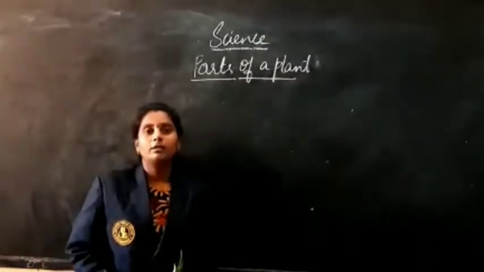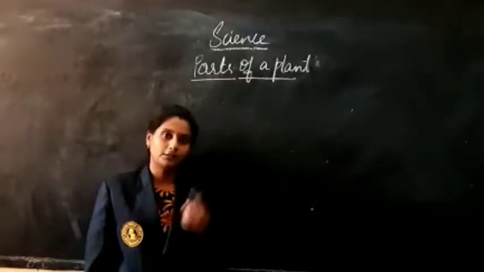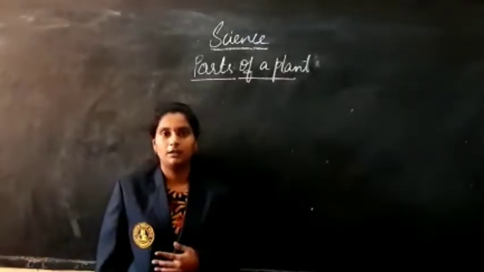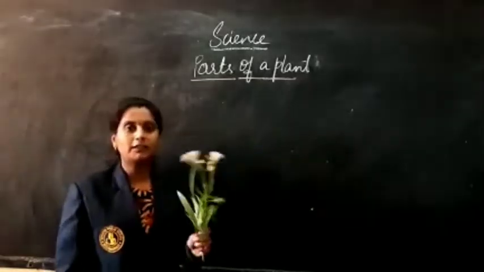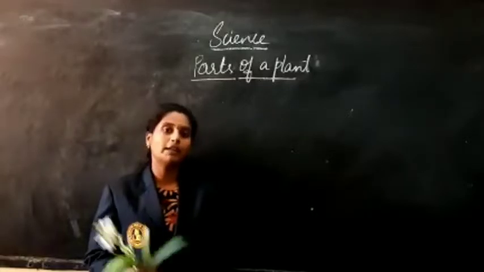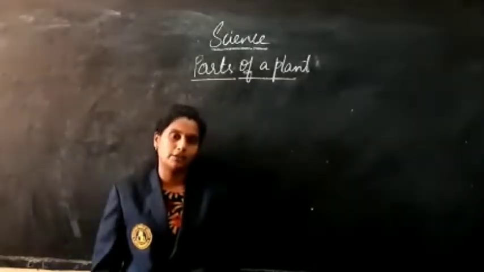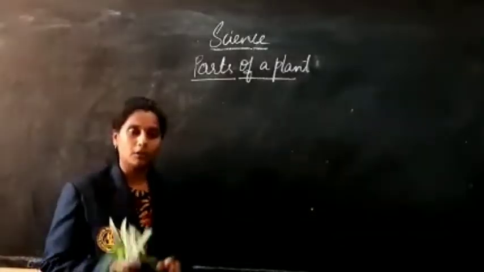As human beings, we have a number of parts like eyes, nose, ears, hands, legs, etc. Similarly, a plant is also a living organism, so it also has parts, not exactly like our eyes and nose, but it has its own parts. What are those parts?